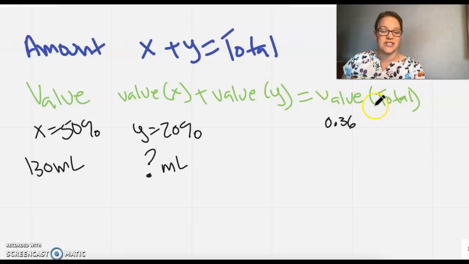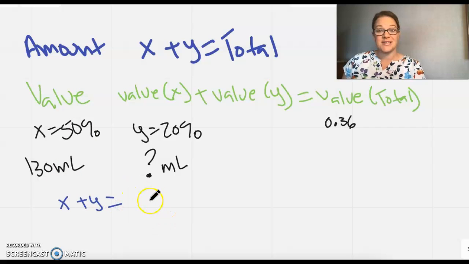That's the dosage for the children. Okay, so if I tried to write my amount equation, this would be x plus y equals the total, except it doesn't tell me the total, but it does tell me I have 130 milliliters of x plus the y. Now let's try to use this to write my value equation.